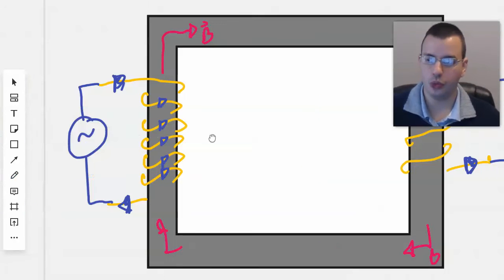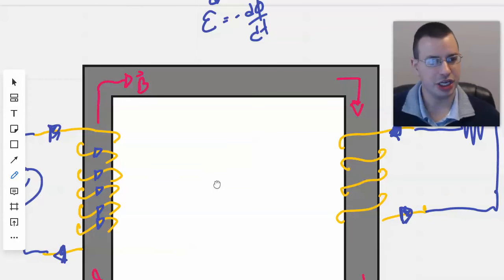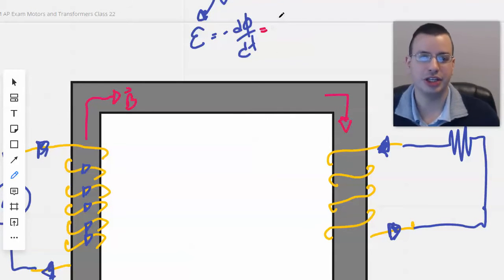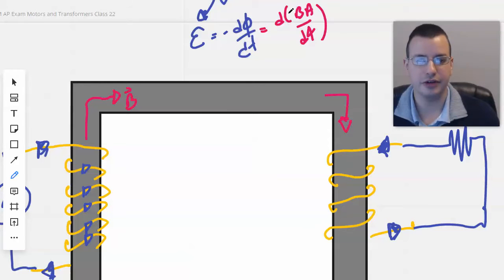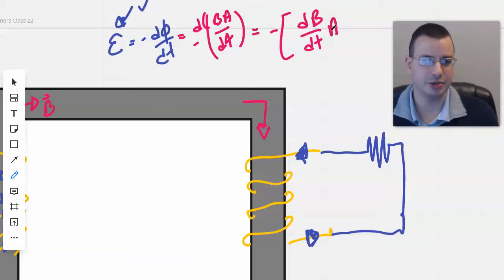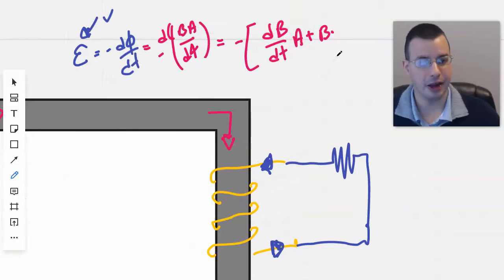And with this AC current going through this wire, you have a changing magnetic field. So this is negative d(BA)/dt, which equals, do product rule, negative, the change of magnetic field with respect to time times area plus magnetic field times the change in area with respect to time.